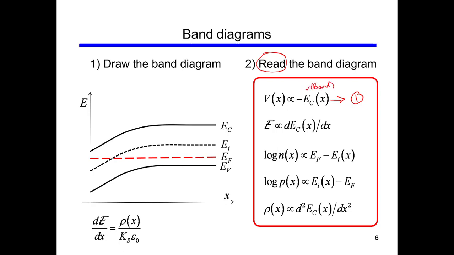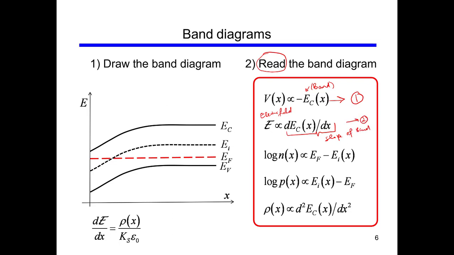So this is our band. The electric field E is proportional to this thing, which is the slope of band.